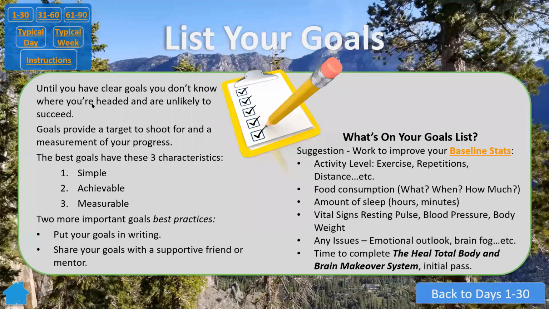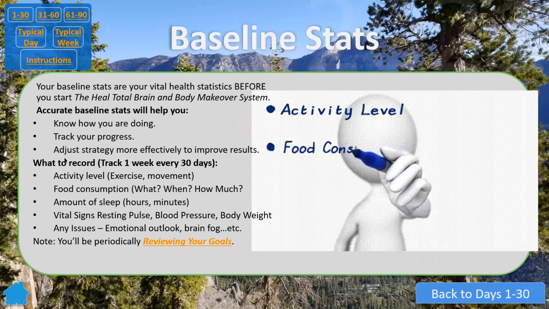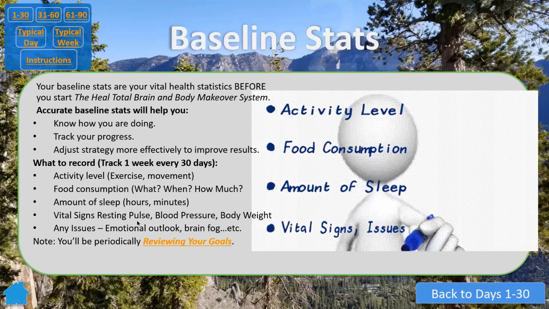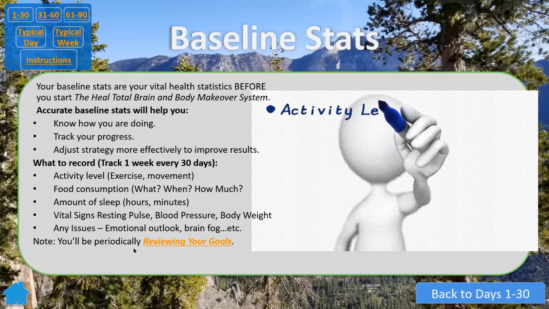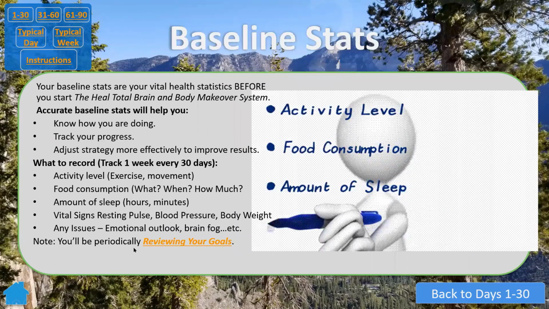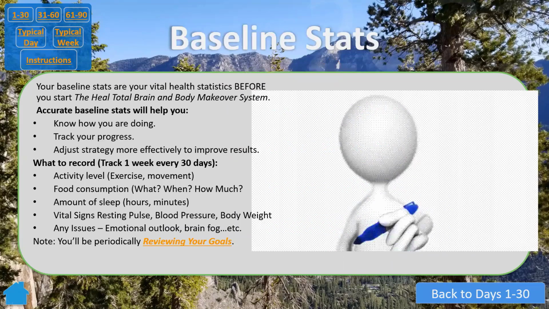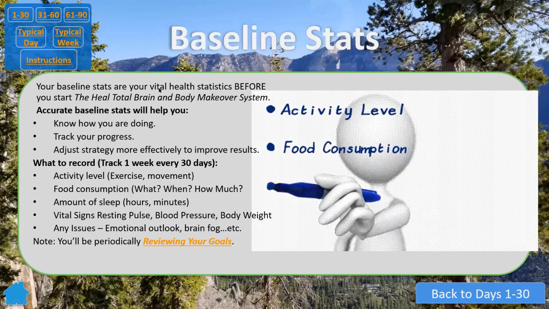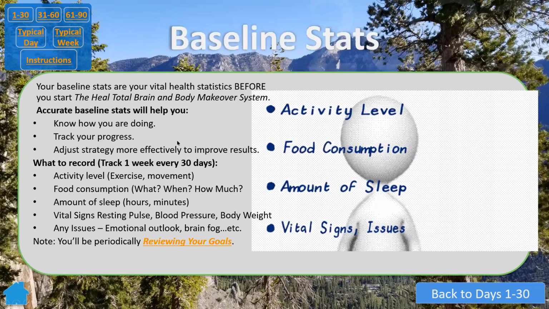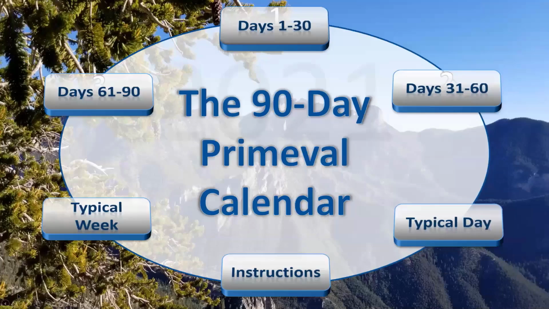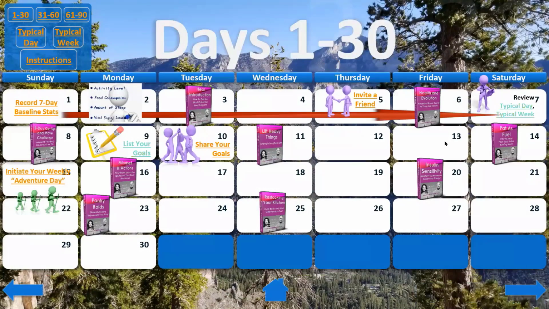List your goals. So here's some help in listing your goals. And before you list your goals, set your baseline stats. Okay, how do you do that? And here's where you can have a track to run on as far as how do I create my baseline stats. Okay, I'm going to hit the home again, days 1 to 30.